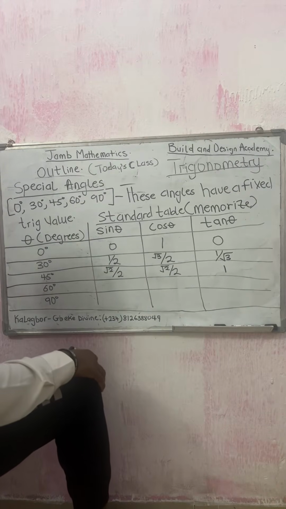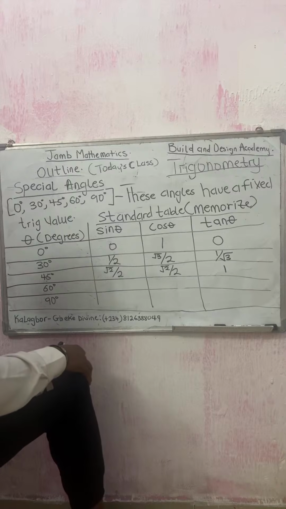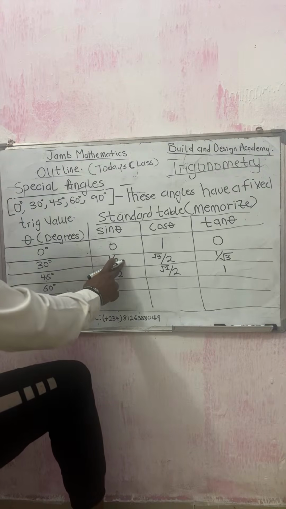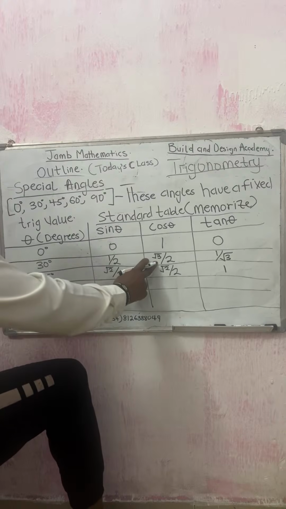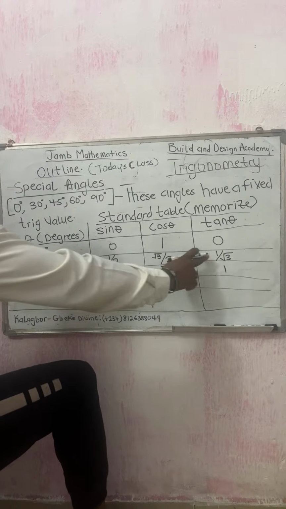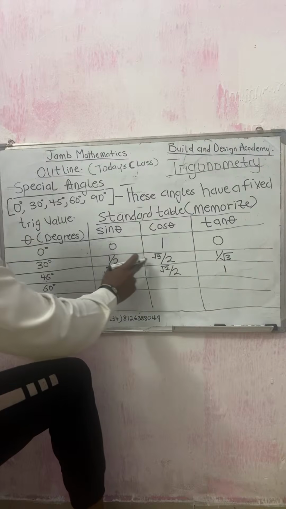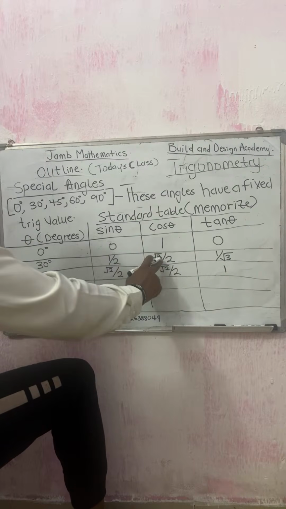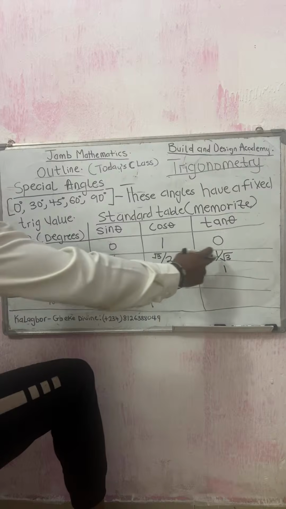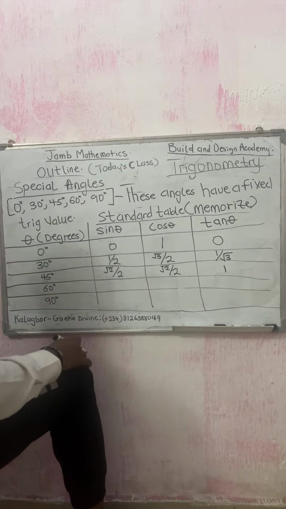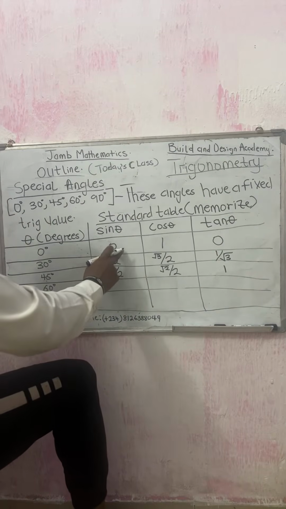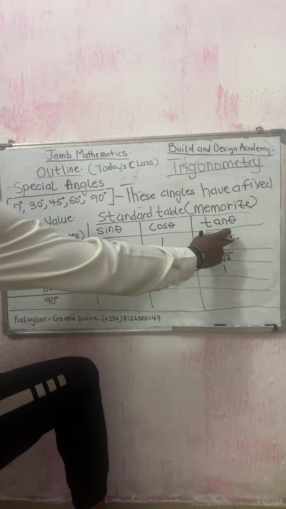Very simple. This one too, if you do sine divided by cos, you will still get 1 over root 3, because this divided by this will turn to 2 over root 3. 2 will cancel 2, so we'll be left with 1 over root 3. And similarly, if you do 0 divided by 1, you get 0.